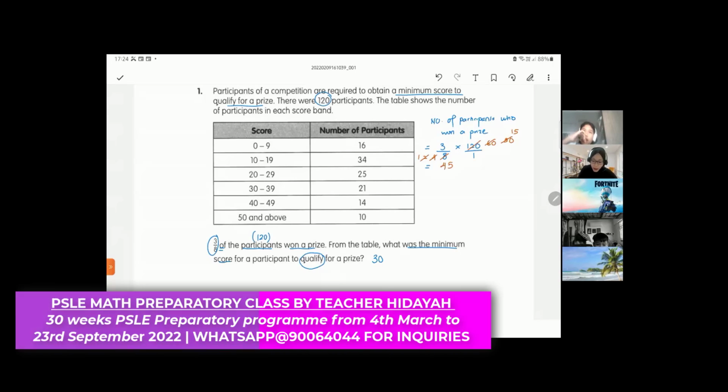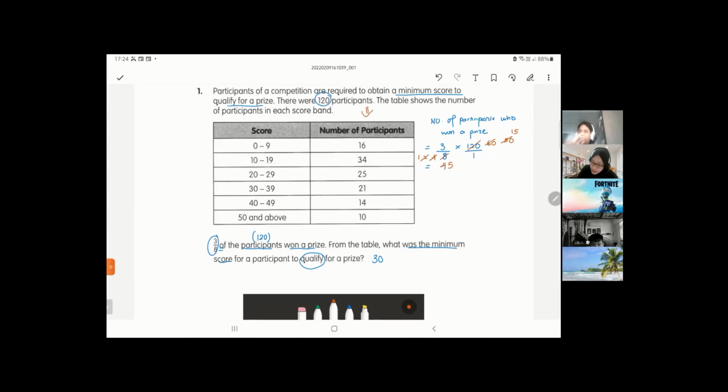Now, where do we look for this 45? You need to look at the number of participants. This is 45 participants. So we need to find the minimum score to get a prize. The 45 participants, where do they come from? You need to start from the bottom of the table.